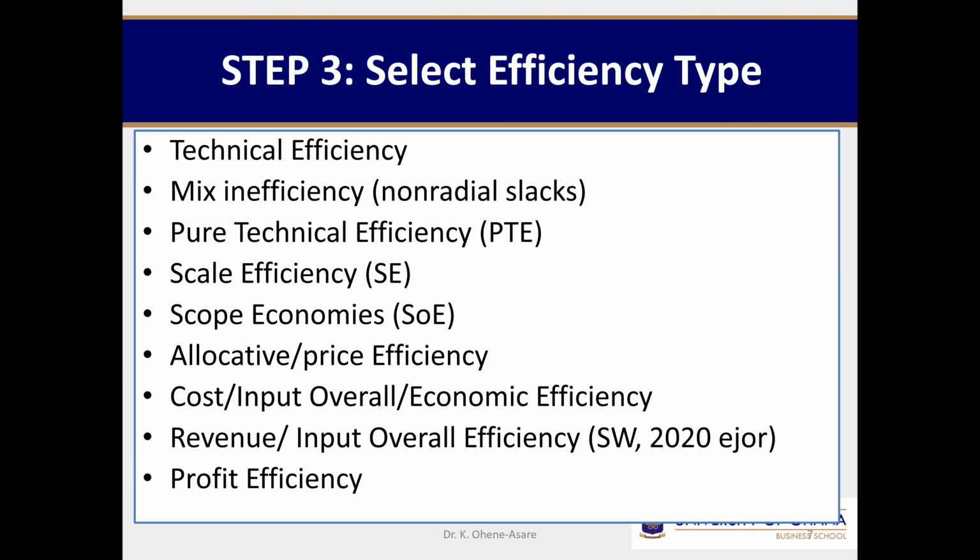Of course, whether you are dealing with productivity or efficiency, you will know. Tell me what you are dealing with. Type it there. Which efficiency are you dealing with and which productivity are you dealing with?